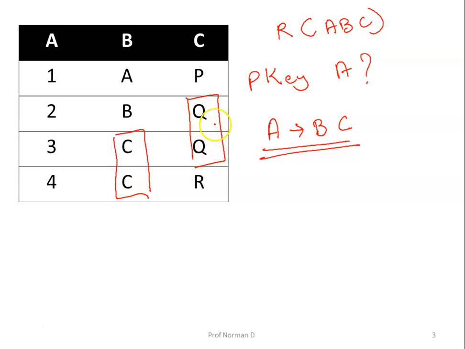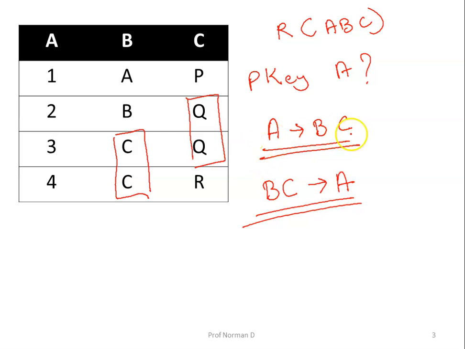But what about B and C? Can B and C be a primary key? Can it be a key? Let's see the values. BP is unique, BQ is unique, CQ is also unique and CR is also unique. So if I use these two attributes as a key, I can get the third attribute. So I can write the information in this particular format.